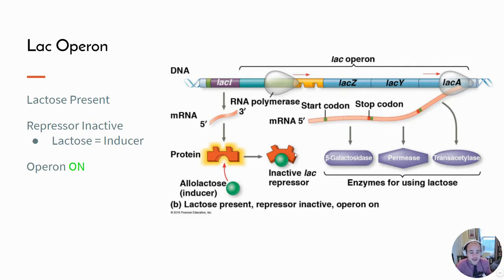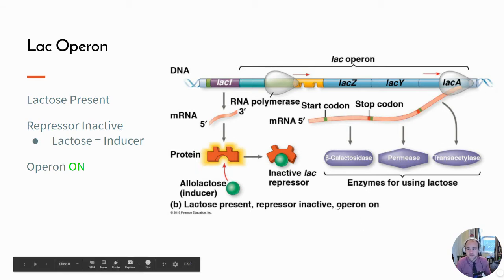And when it does that, it causes a conformational change that's going to deactivate that repressor. Now that repressor can no longer bind to the promoter region. It cannot block RNA polymerase, and RNA polymerase is going to be able to transcribe all those genes that are going to make the enzymes we need in order to break down lactose.